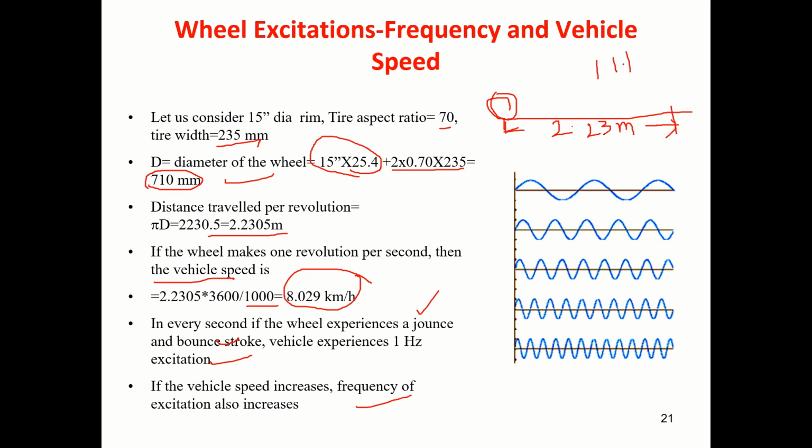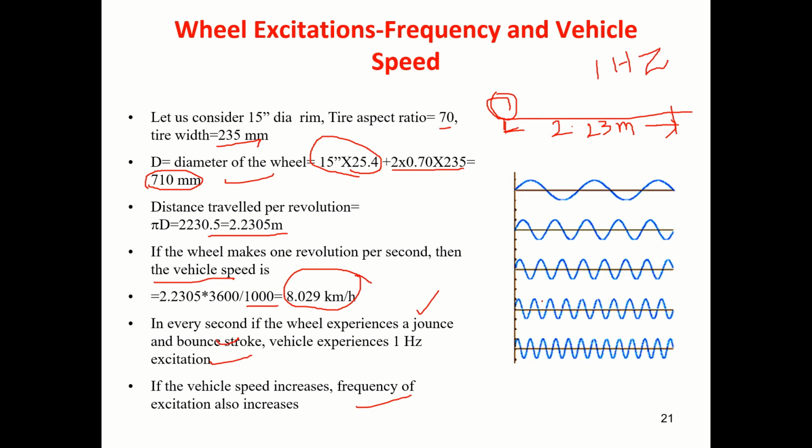The vehicle is subjected to 1 Hertz frequency. Is that okay? A vehicle having a 15-inch diameter rim and 70 aspect ratio with a tire width of 235 will cover around 2.23 meters.